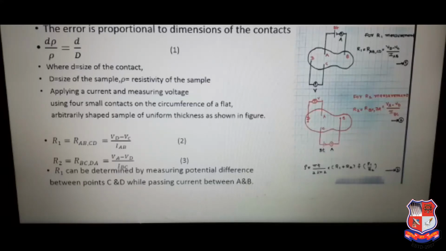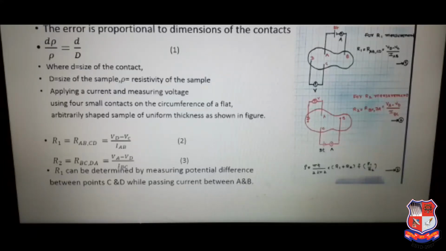Now once we apply current and measure voltage using these 4 small contacts on the circumference of a flat arbitrary shaped sample of uniform thickness, as shown in the figure, you will get resistance R1, that is equal to R_AB,CD is equal to VD minus VC upon I_AB. Let's understand this from the figure.